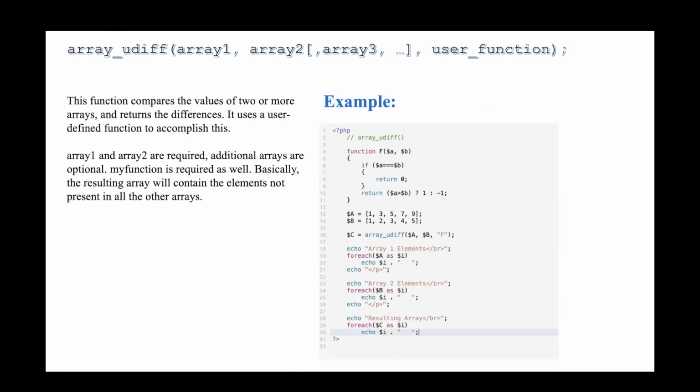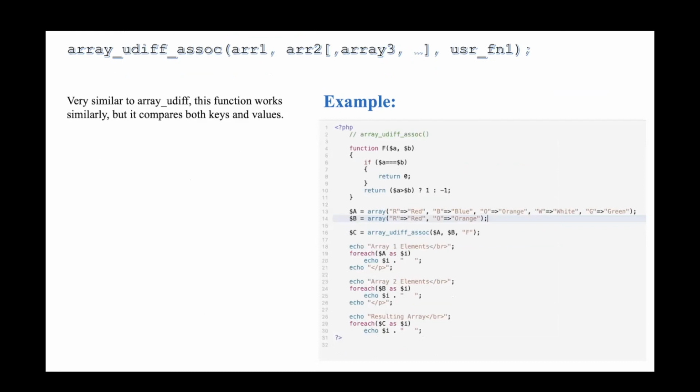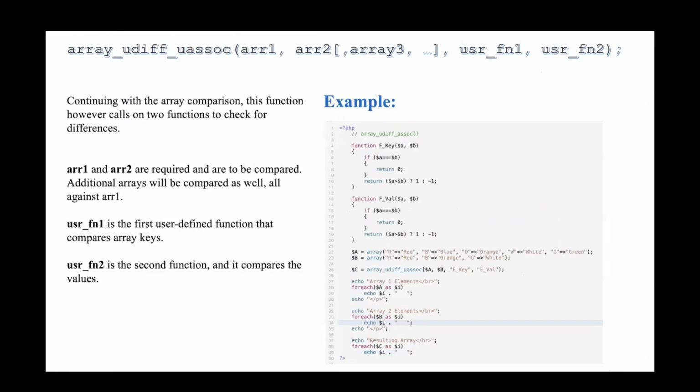The udiff compares the values of 2 or more arrays and returns the differences, but it uses a user-defined function to do this. And of course, we can do this for associative arrays, and you can use user-defined functions for associative.